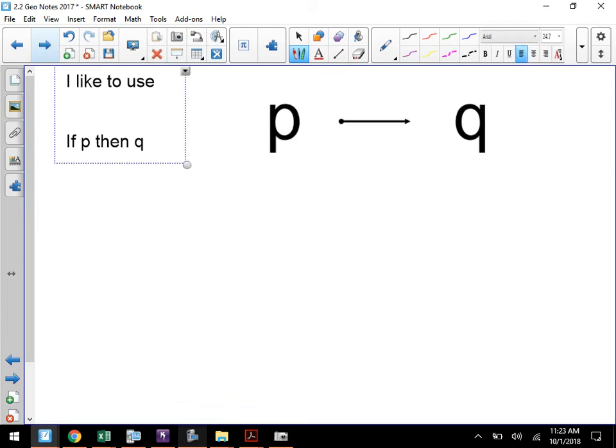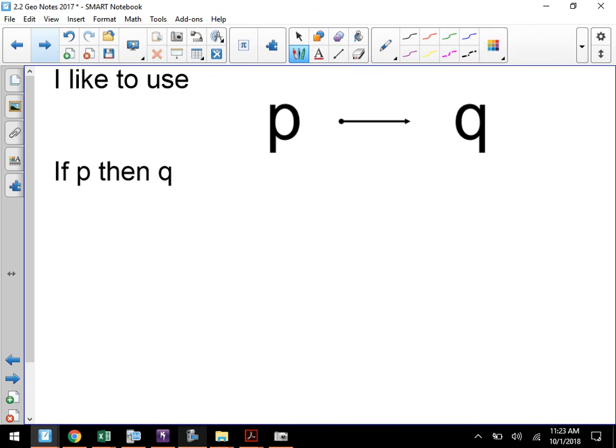Normally, when we're talking about these if-then statements, we use what are called P's and Q's. You ever heard the old phrase, mind your P's and Q's?